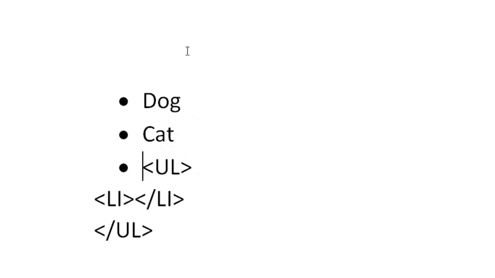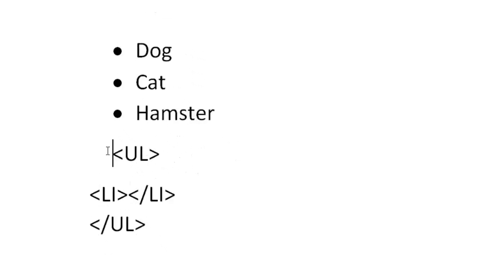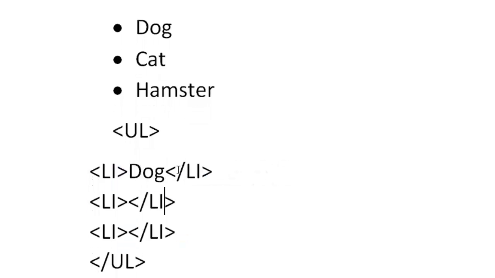So let me do this again. Let's say, for example, we want dog, cat. So we start the unordered list with this tag, right? And then we finish the list with this tag. Now, each one of these items is going to be this, right? So this is going to be dog, cat, and hamster.